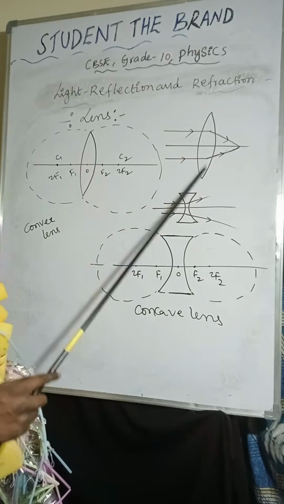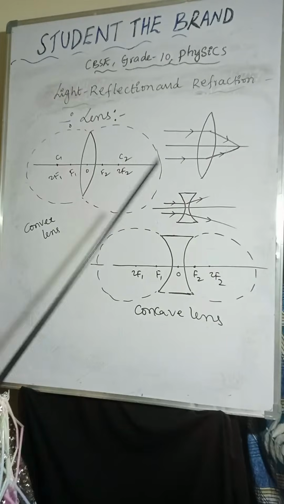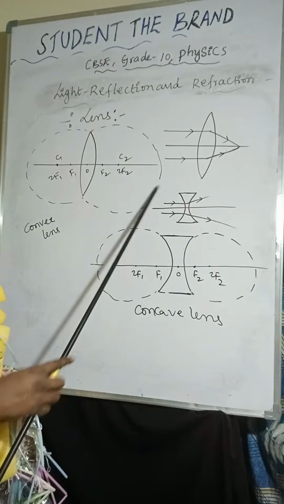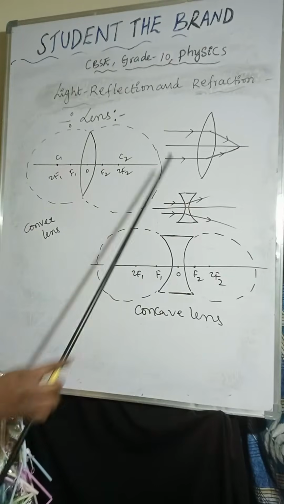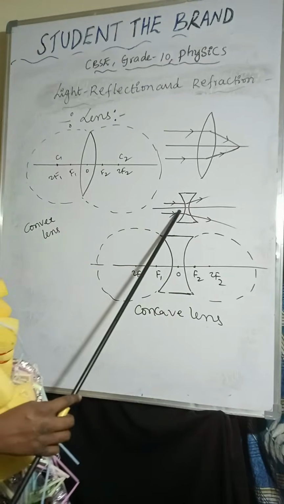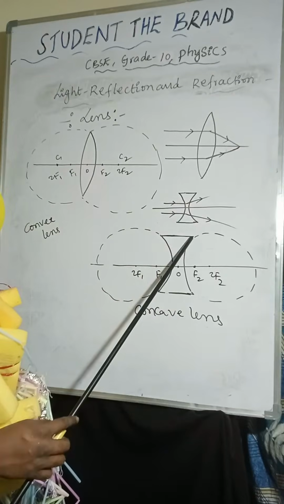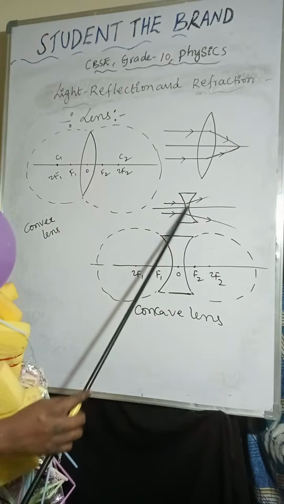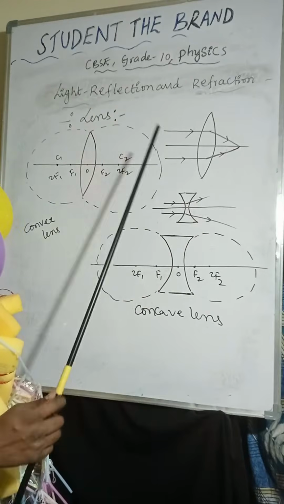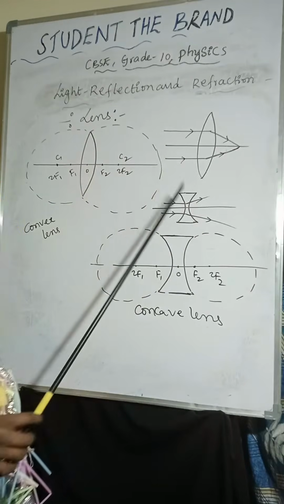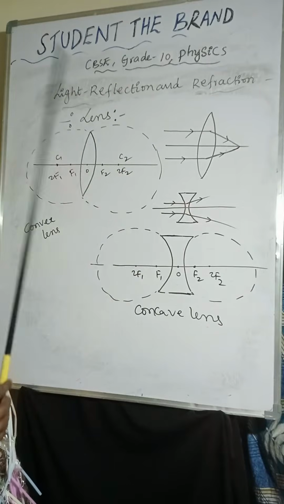Okay, this lens is converging the light rays. Whereas here in concave lens, whenever light rays are incidenting on it, after refraction, those light rays are moving away from it. Okay, so this is about convex lens, this is about concave lens, right?